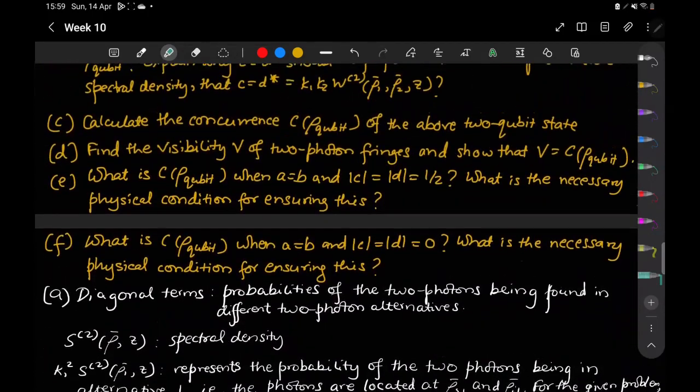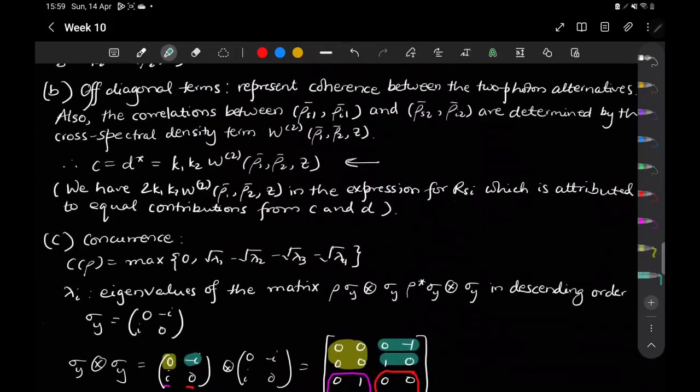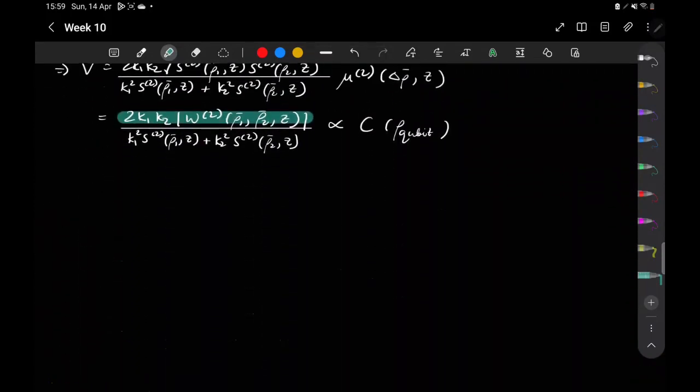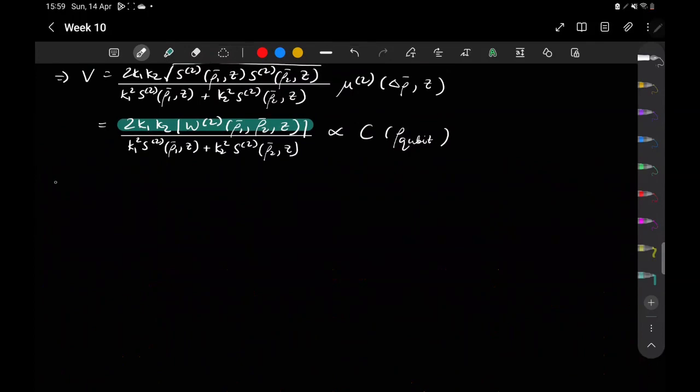Okay, next part. What is concurrence when A equals B and mod C equals mod D equals half? Let us see that now. So A equals B, mod C equals mod D equals half.